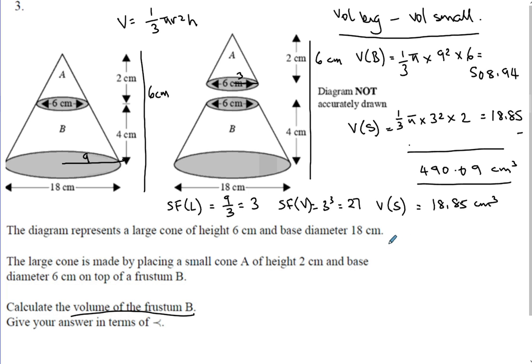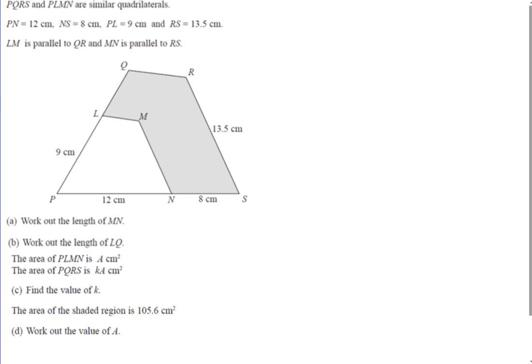If you want to find the volume of the big, it'll be 18.85 times 27, and voila, when you put it on your calculator, you get 508.94. That's a really good check, isn't it? Especially if it's a 5-mark question. Next question, we're ready for you.